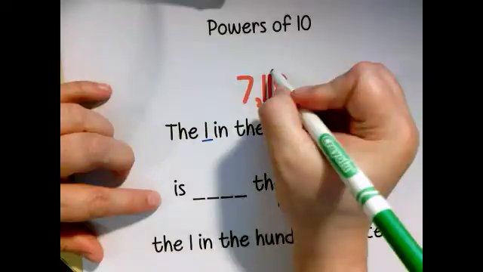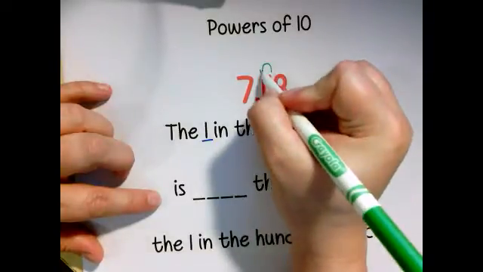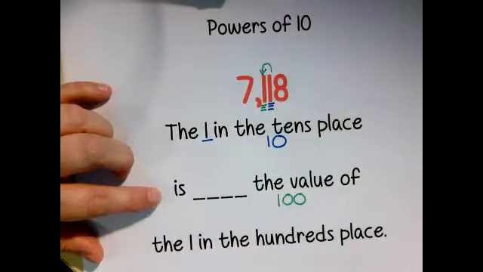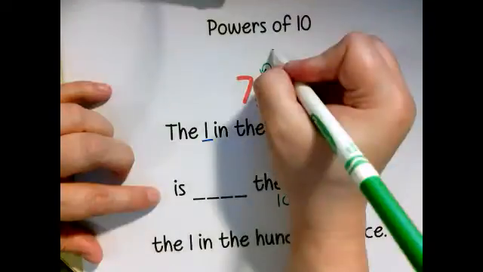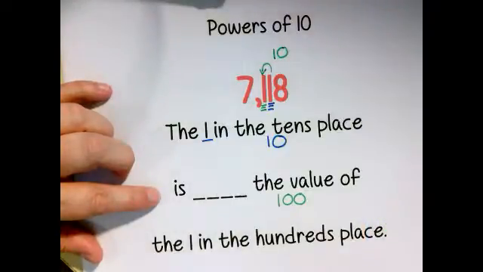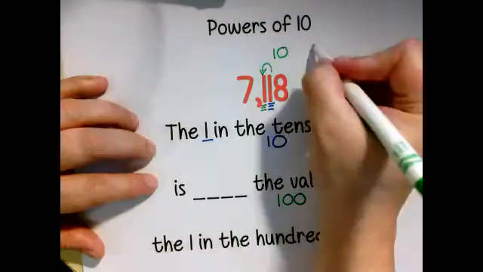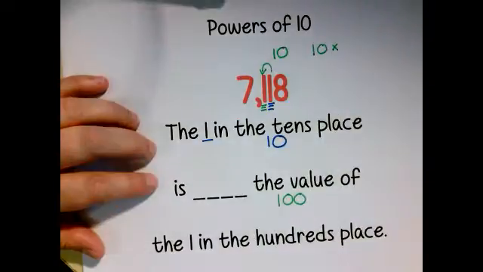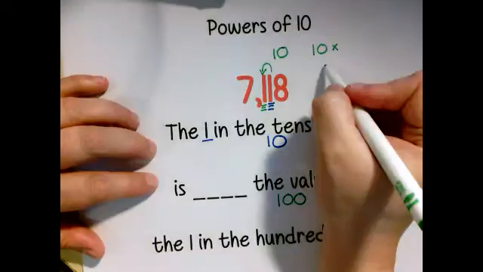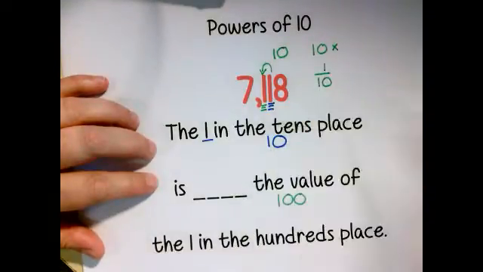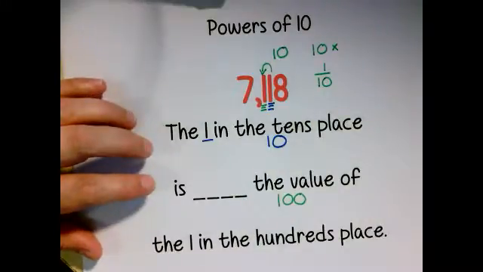So to go from the tens to the hundreds place, that's only one jump. So I know that's going to be 10. But is it 10 times bigger? So that would be 10 times bigger. Or is it 10 times smaller, which would be the fraction 1/10?